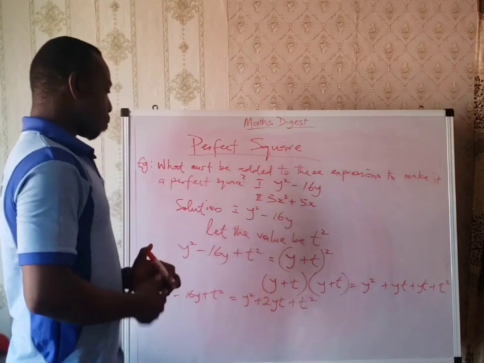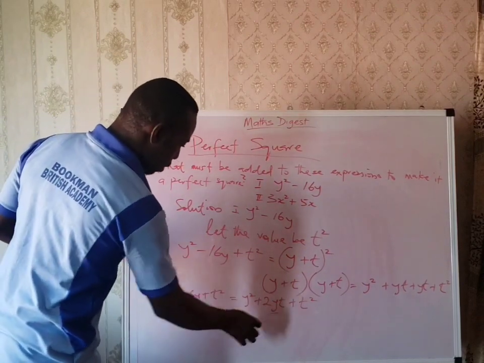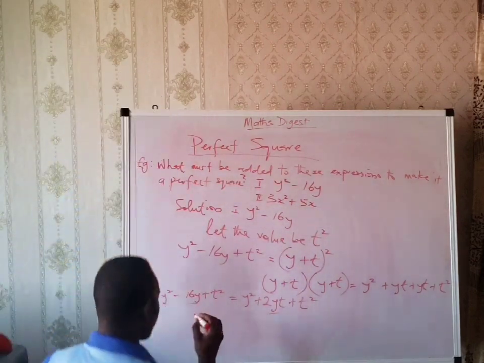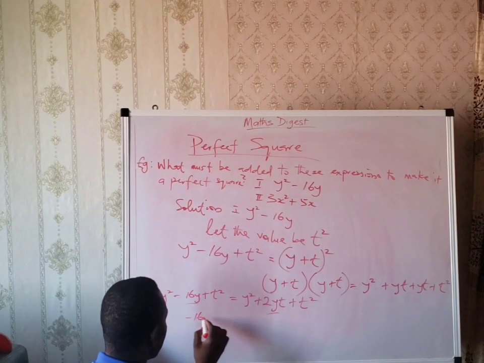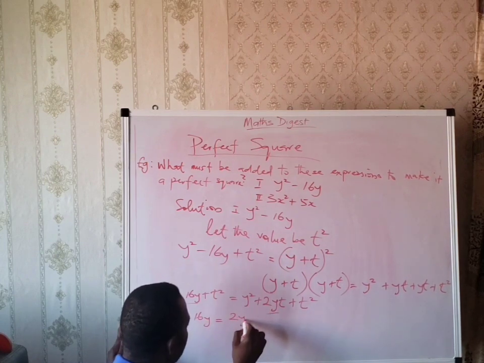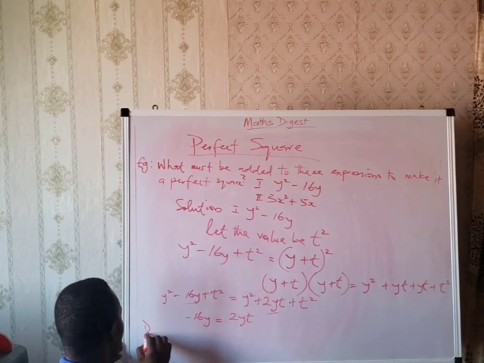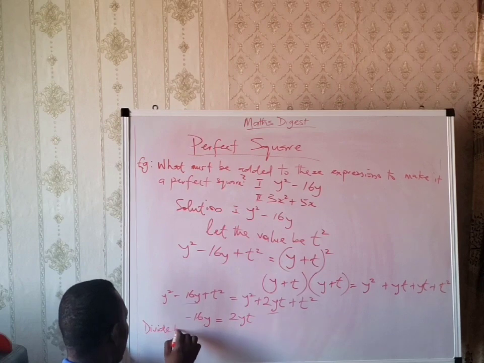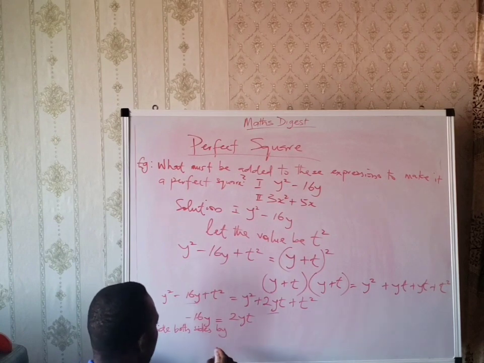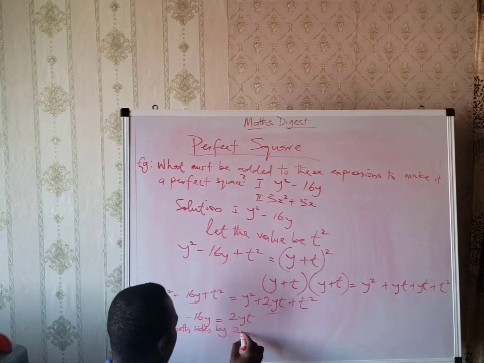Now, at this point, what we are going to do is equate these two things, the middle term. We have minus 16y equal to 2yt. Now, from this we can say divide both sides by 2y.